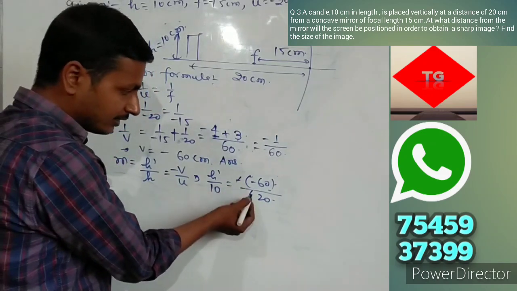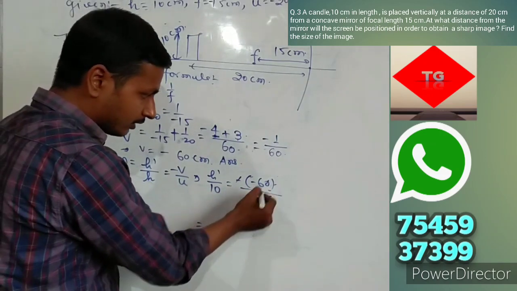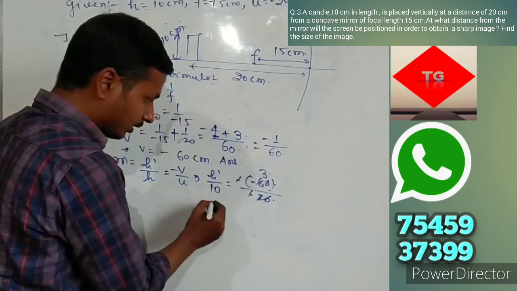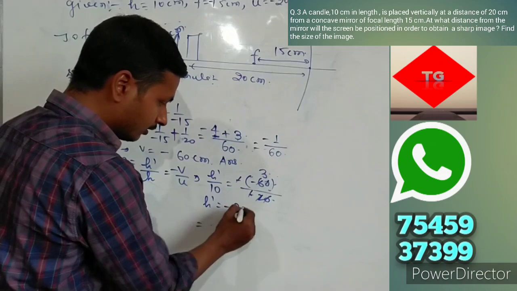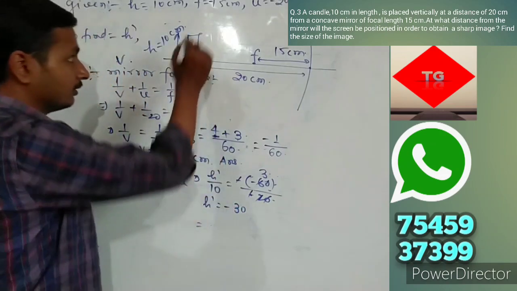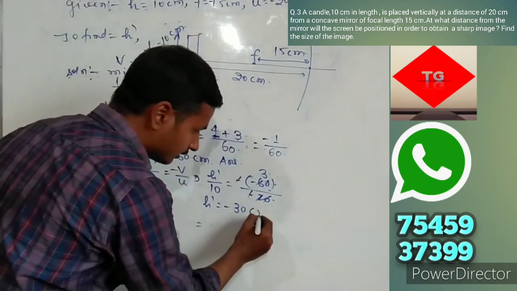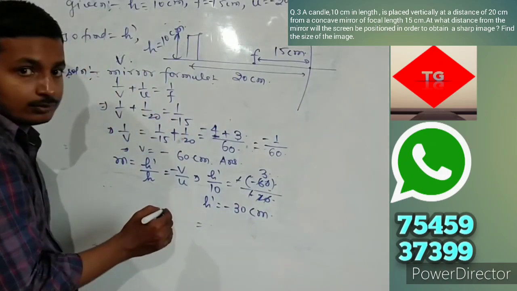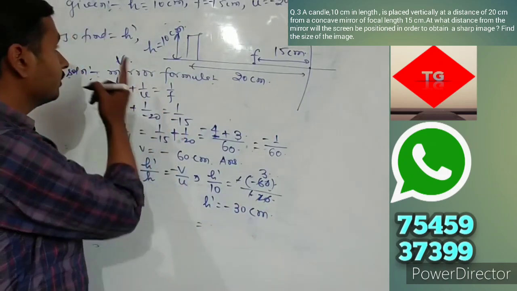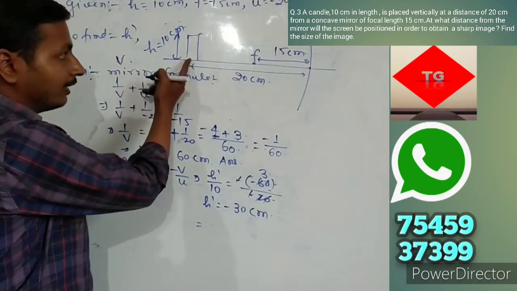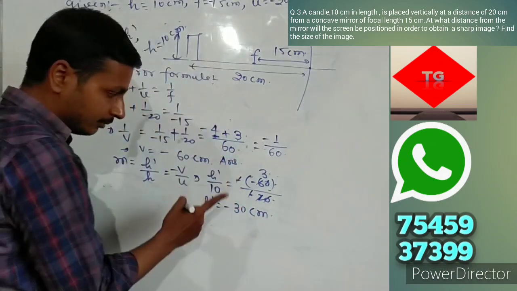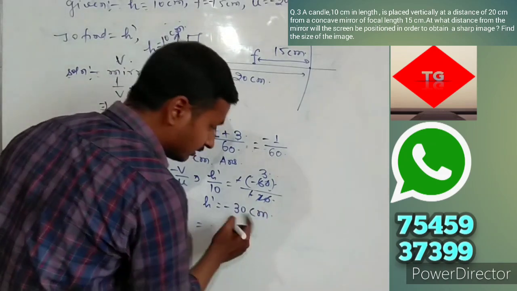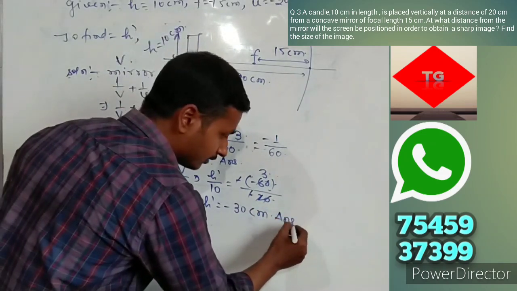After cancellation you get 2 times 3 is 6. So the height of the image is minus 30, and the unit will be centimeter. So the height of the image is minus 30 centimeter. This is the complete answer.